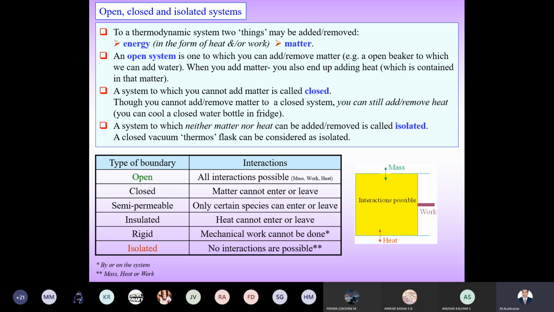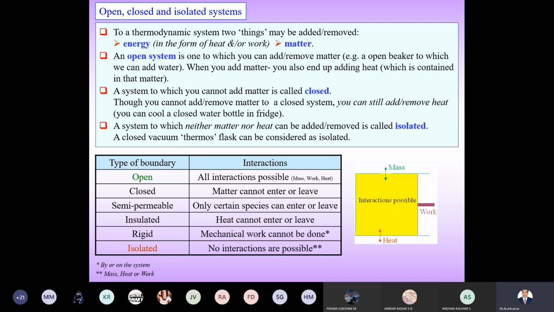Then we have three types of systems: the open system, the closed system, and the isolated system. In an open system, we can transfer both energy as well as mass. Energy may be mechanical energy or thermal energy, and matter means mass. We can add to the quantity of the system.